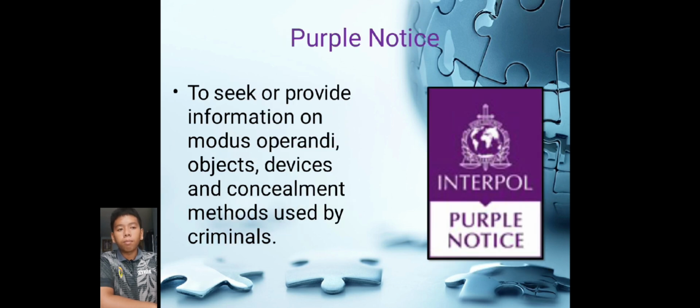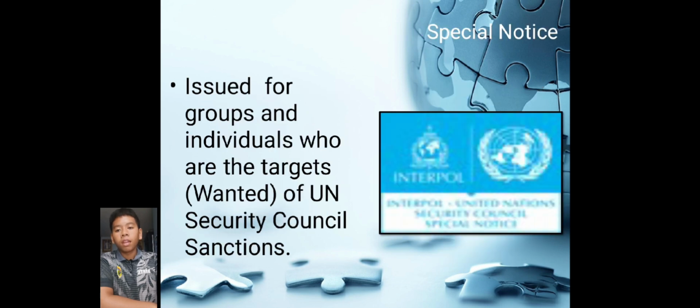And the purple notice is to seek or provide information on modus operandi, objects, devices, and concealment methods used by criminals. These criminals are hard to see because they use devices and concealment methods.